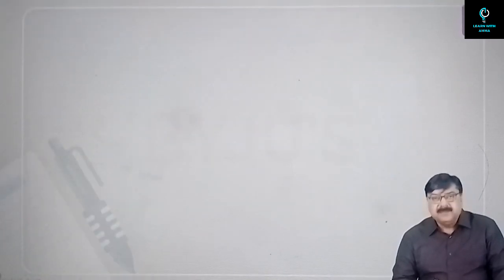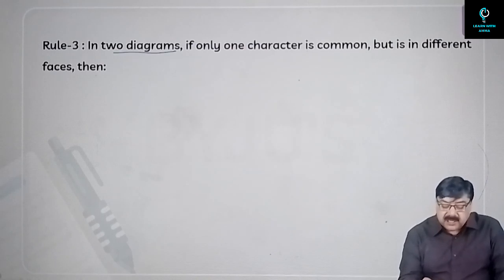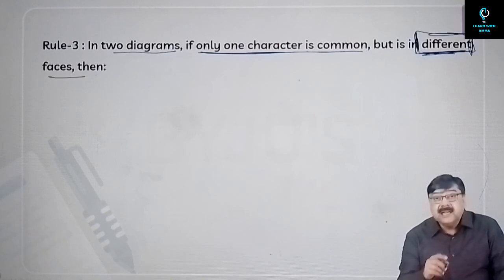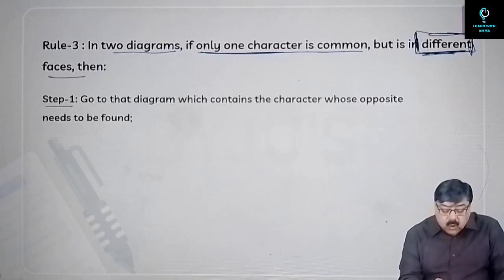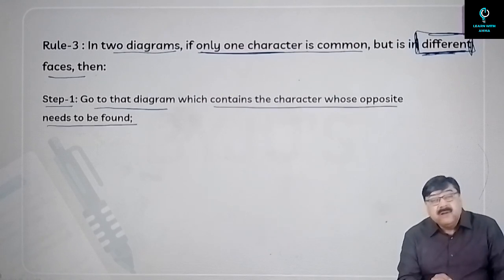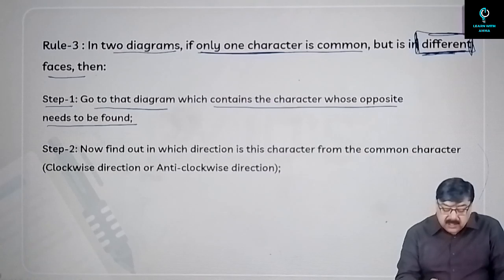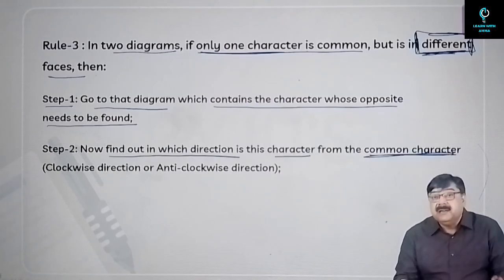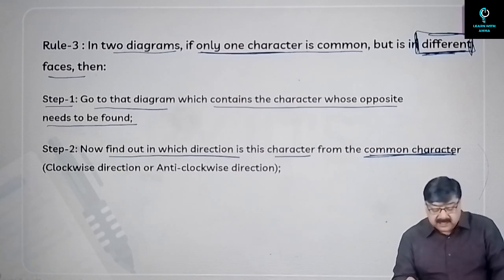Now let us know the steps here. In two diagrams, if only one character is common but is in different faces, then in that case, step 1, go to that diagram which contains the character whose opposite needs to be found. Then step 2, find out in which direction this character is from the common character, in the clockwise direction or in the anti-clockwise direction.